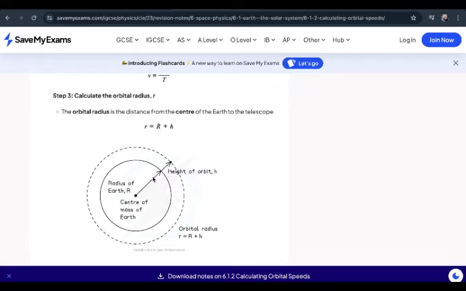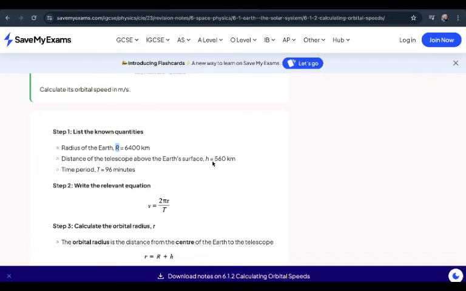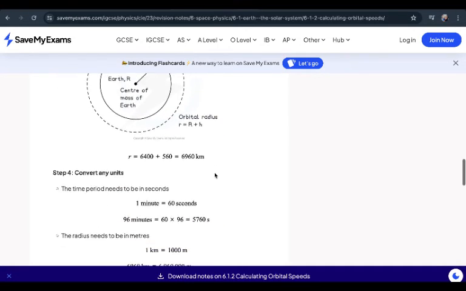Then anything flying above the Earth's atmosphere, the distance is the height above the Earth. So if you add the height plus the radius of the Earth, you get the orbital radius. We add 560 to the radius of the Earth, and we get the orbital radius.